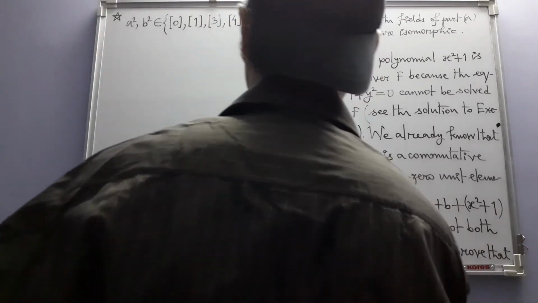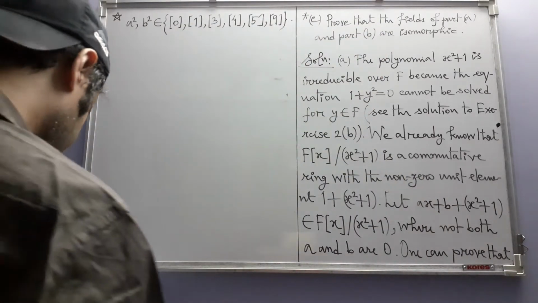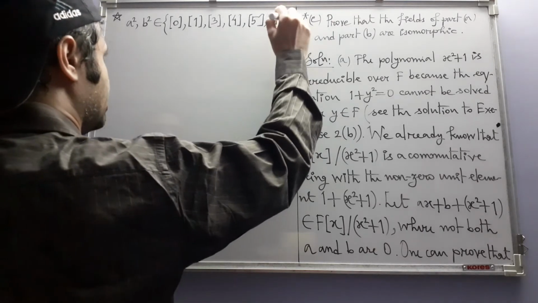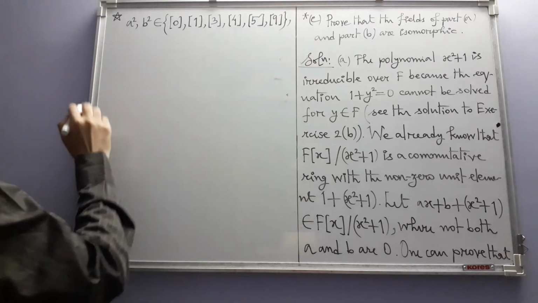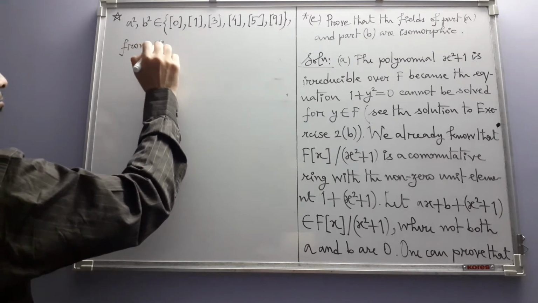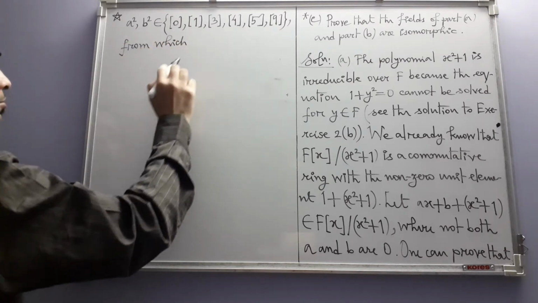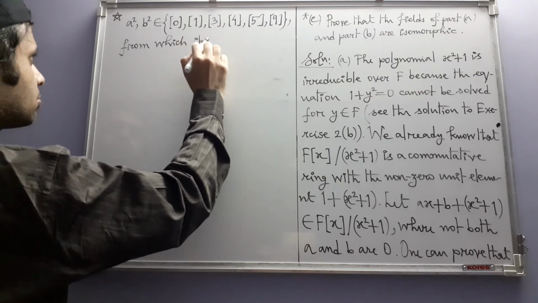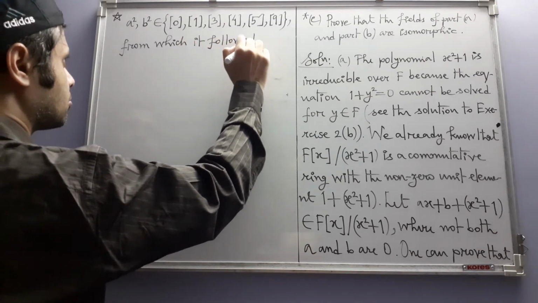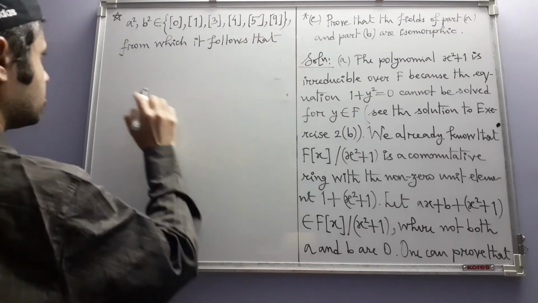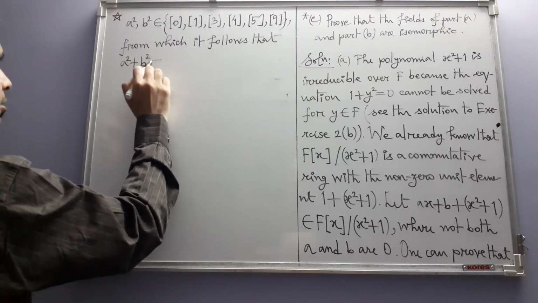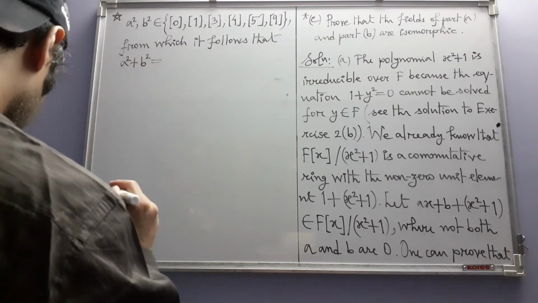Okay, now why do we need A square and B square? We actually need it for a particular reason. It follows that A square plus B square is not equal to 0.